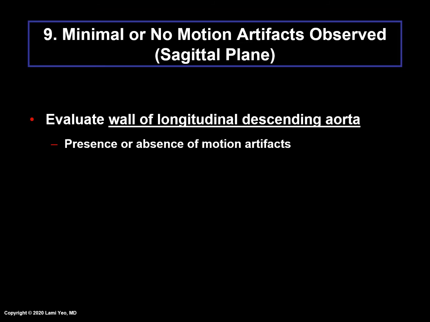Now, why is this one of the stick loop criteria? We know that the quality of a stick volume dataset can be estimated by directly analyzing the sagittal plane. To determine if there are motion artifacts, evaluate the wall of the longitudinal descending aorta. Normally, the wall of the longitudinal descending aorta will appear straight.